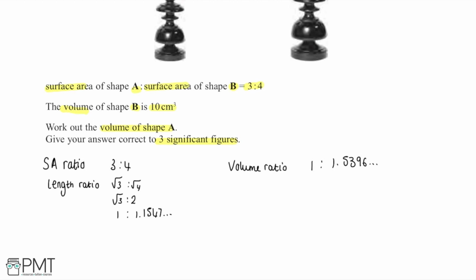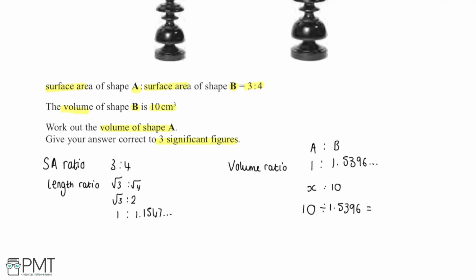And we can then take this value, and we know that we have 1, so this is going to be A to B, the volume ratio. We know that the volume of B is 10. So if we change this into a ratio x to 10, where x is the volume of shape A, then in order to work out what x is, we can simply take this 10 and divide it by 1.5396.